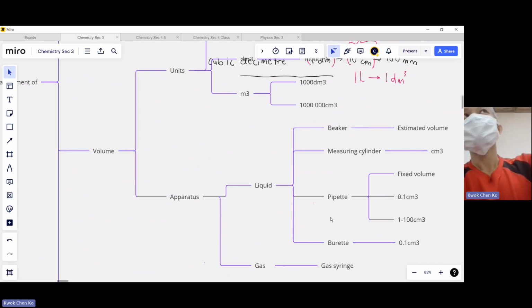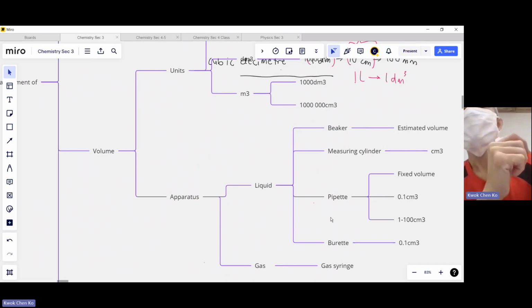Whatever I pour in from the top, if it's open, it will just keep going. So I close it first. I pour in from the top, probably somewhere here. And then I open this, let it drip until it drips to this 0 mark. Then I stop and close it.